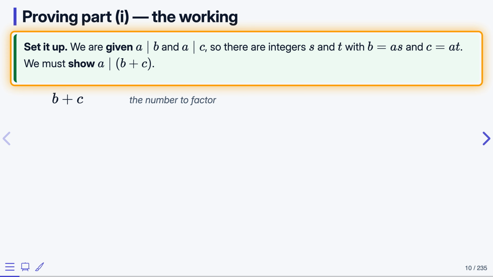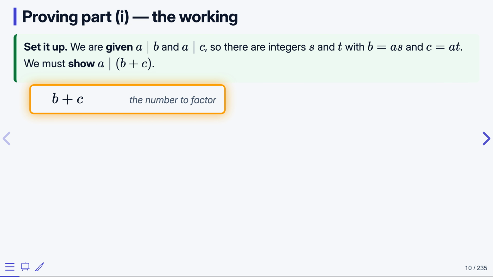First, set it up. We are given that a divides b and a divides c. By the definition, that means we can write b as a times s and c as a times t, where s and t are whole numbers. What we must show is that a divides b plus c. Now the working. Line 0 is the number we care about, b plus c.